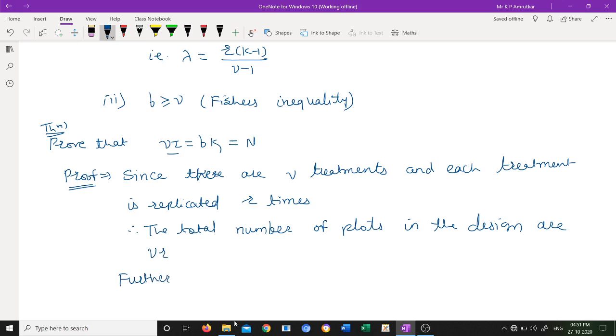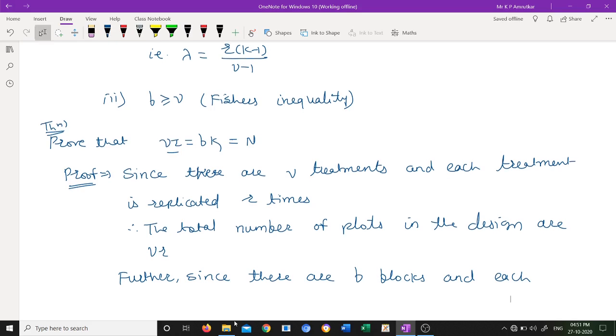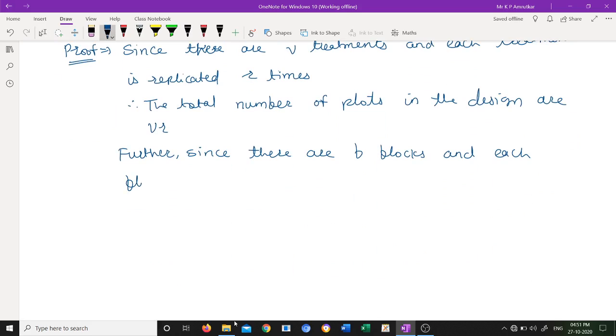Further, since there are B blocks and each block is of size K, therefore the total number of plots in the design is BK.